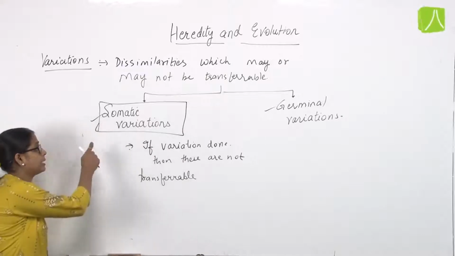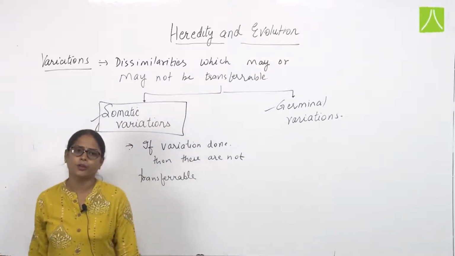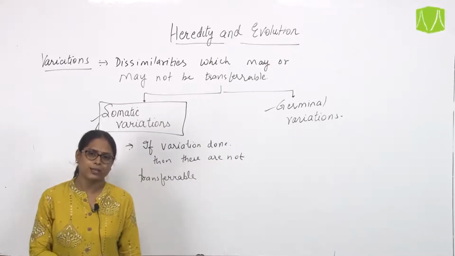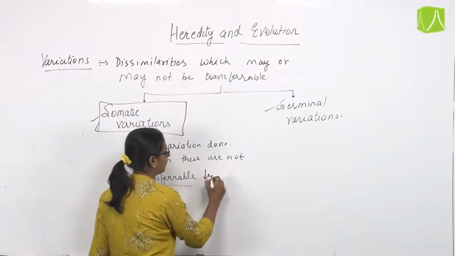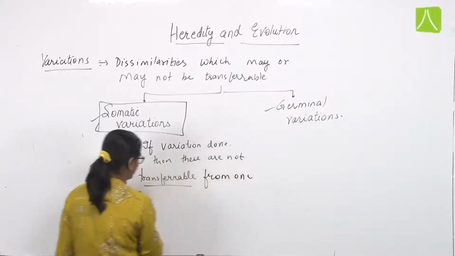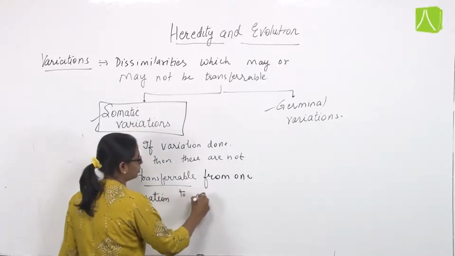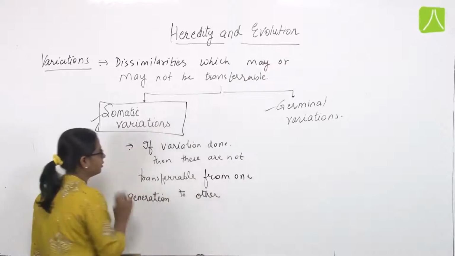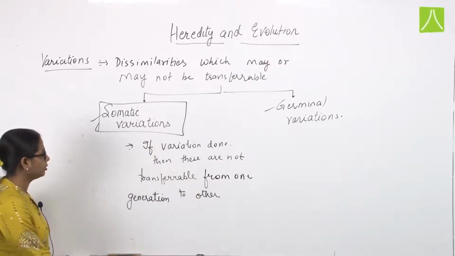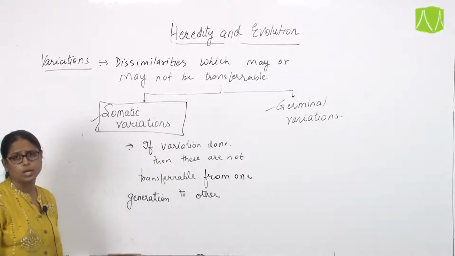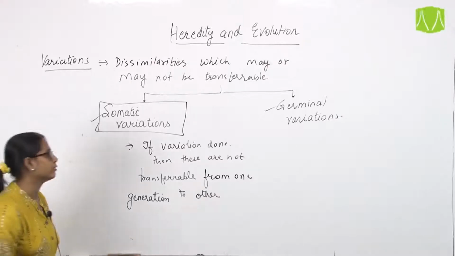Why? Because the somatic cell of one parent does not fuse with the somatic cell of another parent to form a zygote. That is why somatic variations are not transferable from one generation to another generation. Fine. So if variations are done in the somatic cell, then these changes are not transferable from parents to their offspring, and this is known as somatic variation.